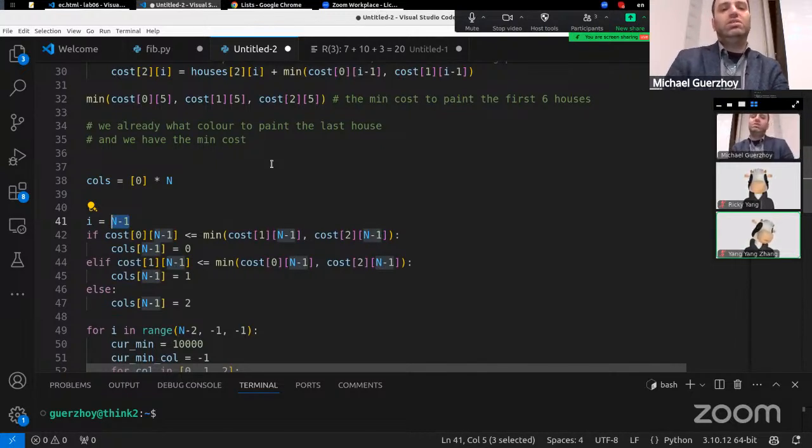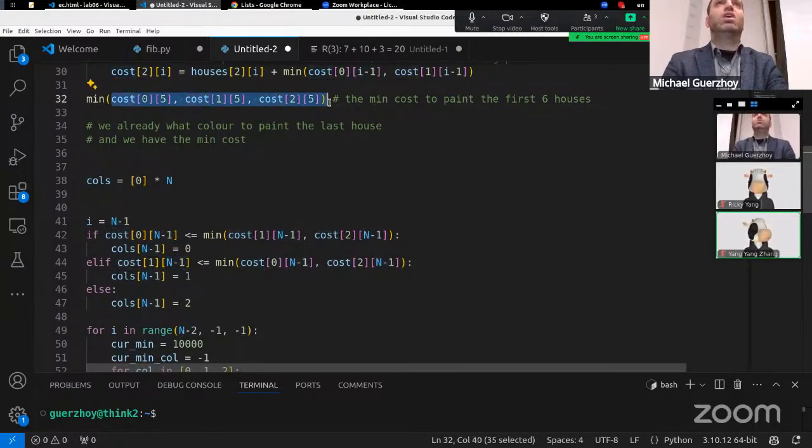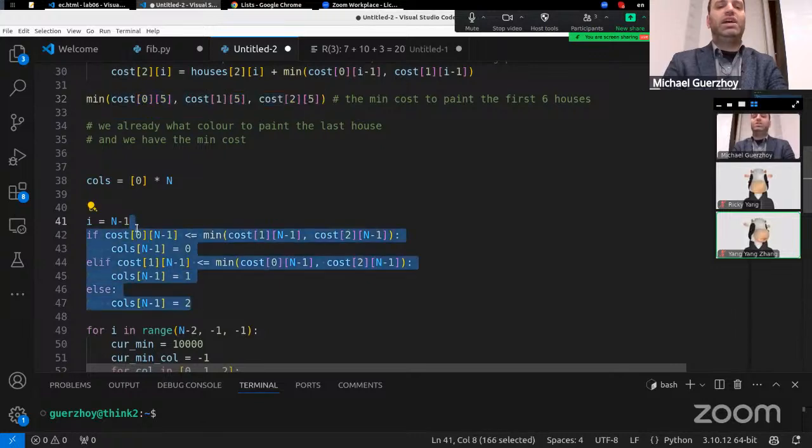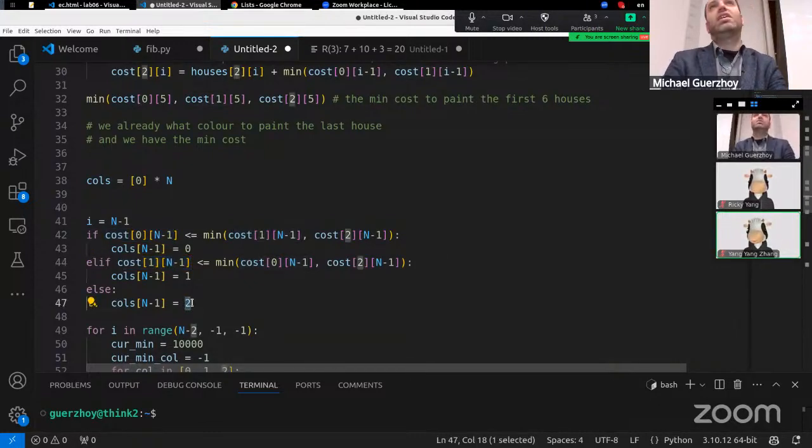So I'm picking the color for house n-1. How do I pick the color for house n-1? The smallest of those costs. And that's what's happening, right? So I'm saying if this is smaller than the other one, pick this one. If this is smaller than the other ones, pick this one. Otherwise, the color is 2.